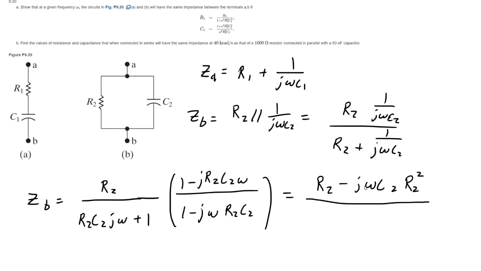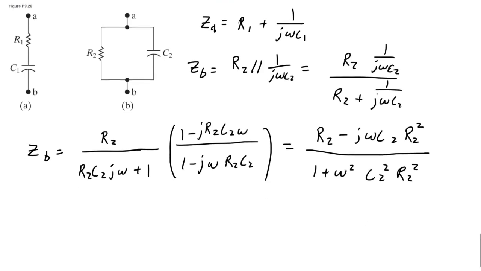And then we're going to have 1 plus omega C2 squared R2 squared. Now, if you notice, the same expression is going on around here. If you split up the fraction into the real and imaginary parts, you can get each individual impedance, which is what we're going to do next.